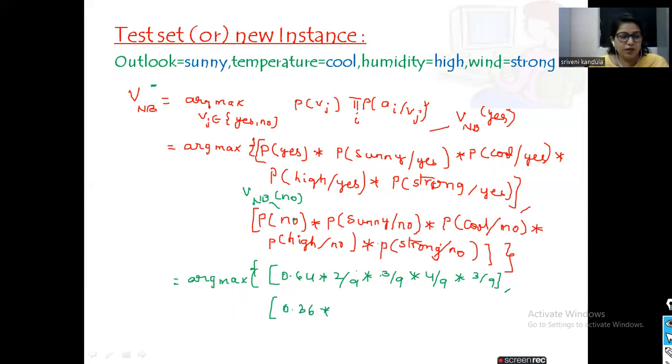P of Sunny given no is 3 by 5, P of Cool given no is 1 by 5, P of High given no is 3 by 5, and P of Strong given no is also 3 by 5. So we need to simplify these values.